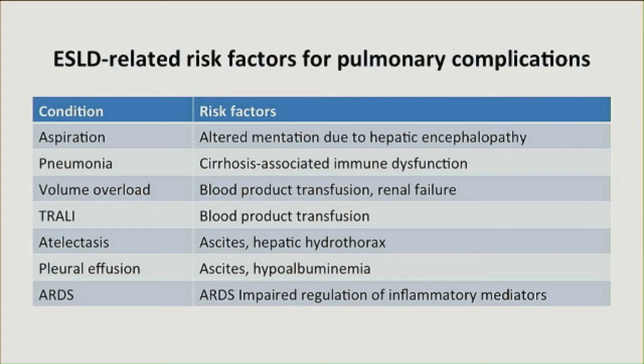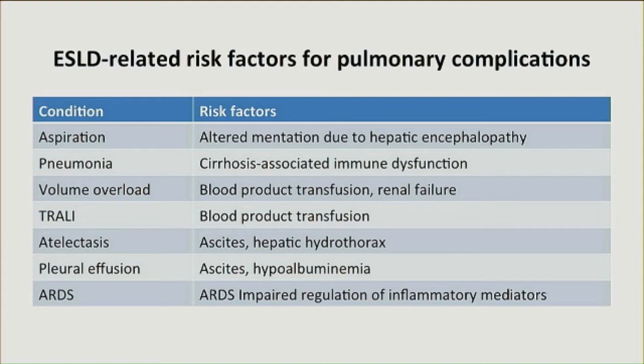There are some of the lung abnormalities related to the etiological risk factors. Aspiration may be caused by altered consciousness of the patient with hepatic encephalopathy. Pneumonia is also caused by bacterial translocation from the gut. And volume overload may also develop, caused by blood product transfusion.